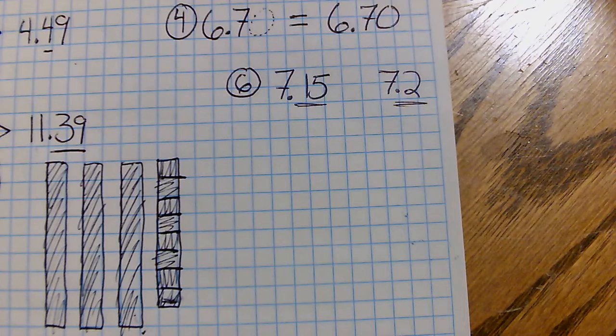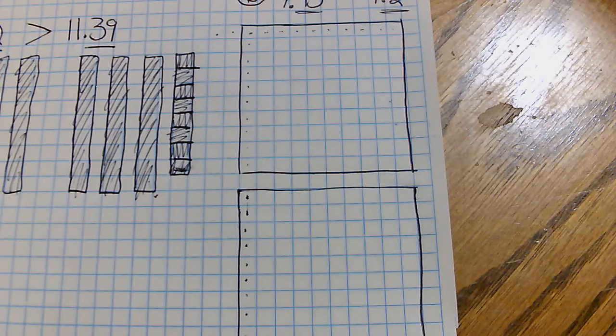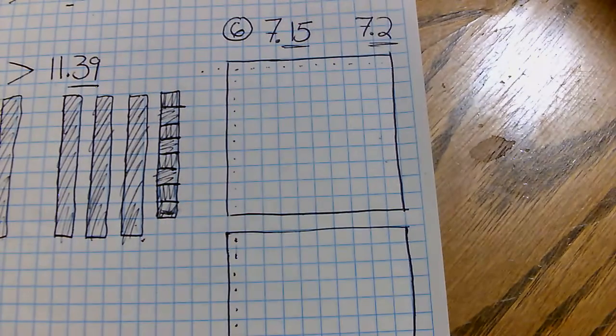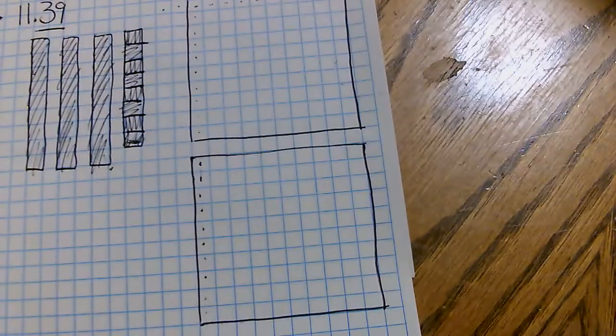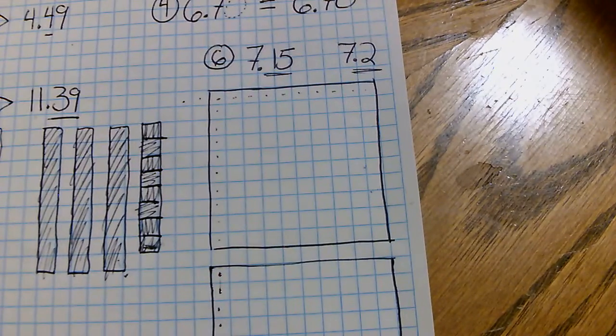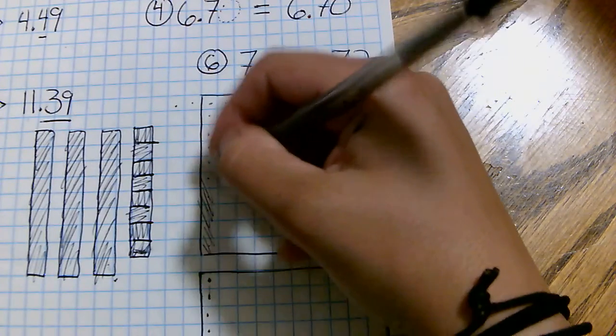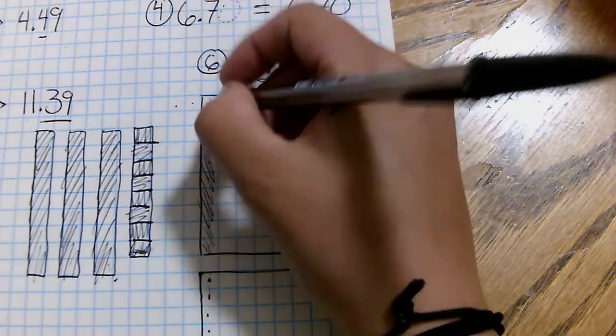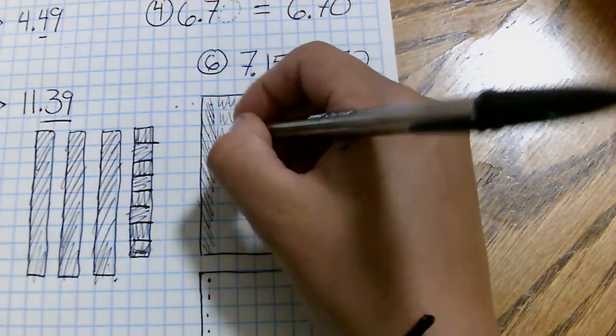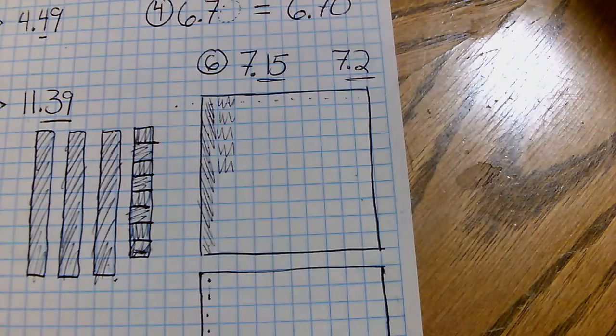So another way that I can use base 10 blocks to help me is to draw a hundreds grid. So I'm going to draw two 100 grids for each of my decimals. And I'm going to show you how you're going to fill them in. So I'll be right back. Okay, so I have drawn two hundreds grids, and I'm going to show you how we're going to fill them in. I'll do the first one for 15 hundredths. So I would shade in one whole rod of that hundreds grid, and then 1, 2, 3, 4, and 5.